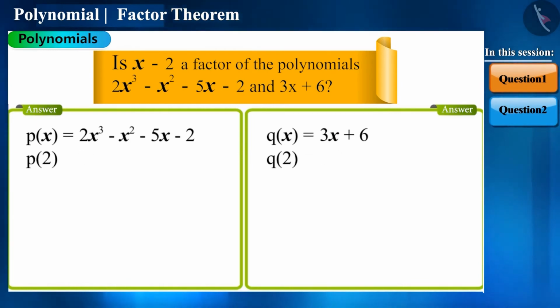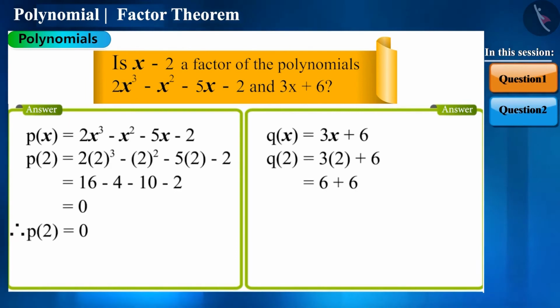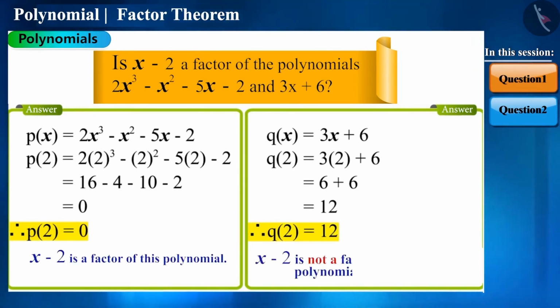So let's check. In both the polynomials, x has to be replaced by 2. And now we get p of 2 is equal to 0 and q of 2 is equal to 12. Now, according to the factor theorem, we can say that x minus 2 is a factor of the first polynomial, but not a factor of the second polynomial.